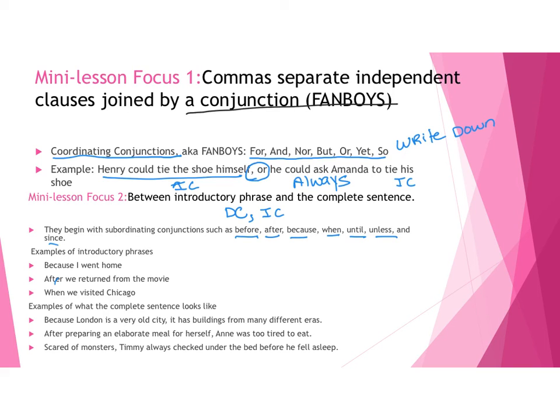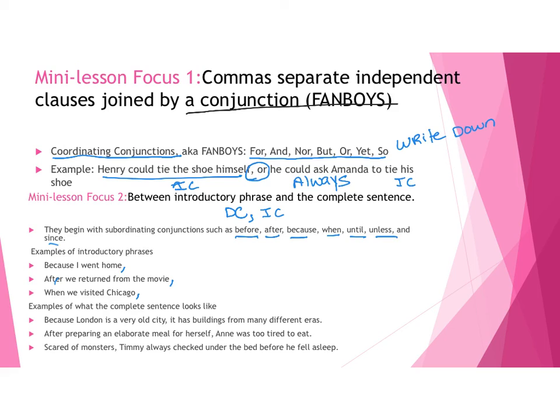Those are going to be introductory phrases, and you're going to need a comma. Because I went home. Well, because you went home what? Comma. After we returned from the movie, yeah, what happened? Tell me. So you know you're going to have a comma after that. When we visited Chicago. Okay, I need more. So you know you're going to have a comma.